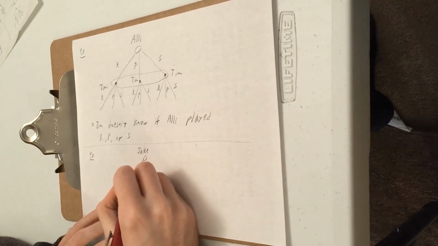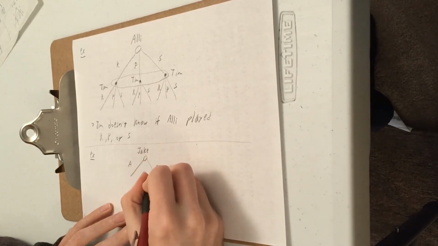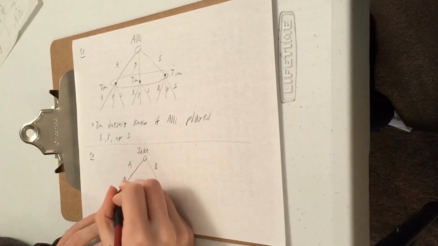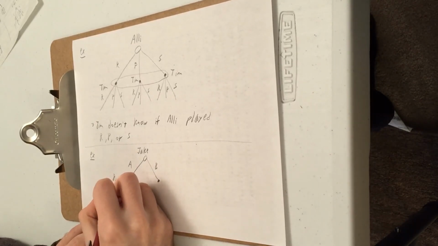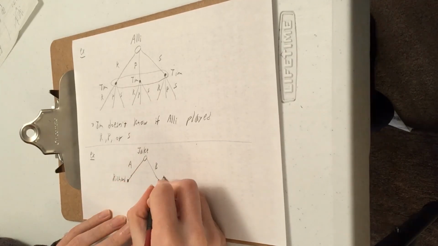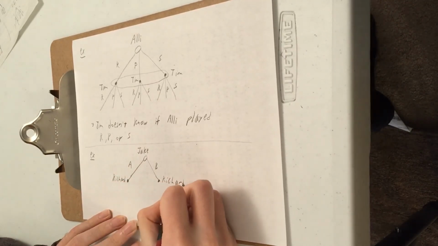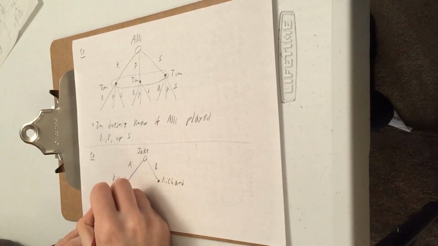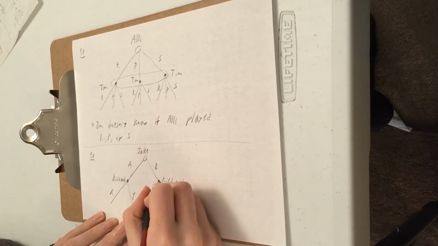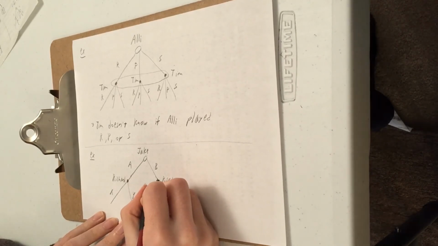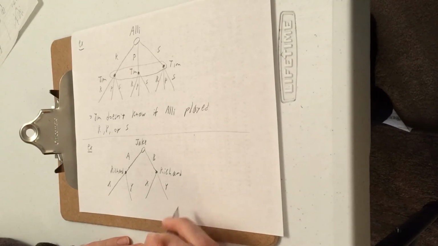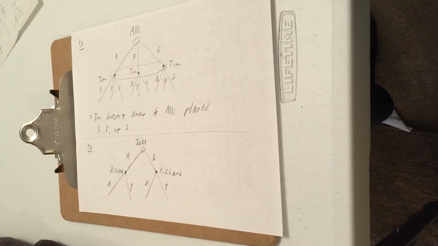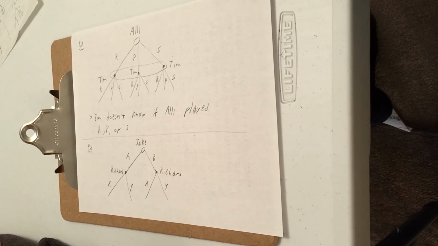So we had Jake who could play either A or B. In response, Richard over here could play either X or Y. So in the game we had before, Richard knew if Jake played A or B, and after observing that, Richard could then choose, do I want to play X or do I want to play Y?